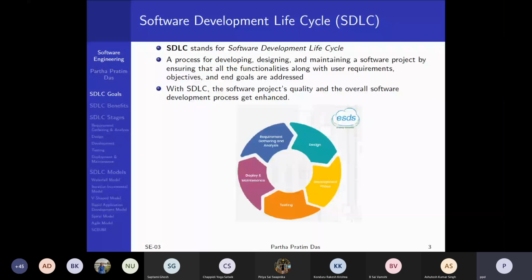If you recall my very early discussion in module 1 about why software is a development process, it's not a construction process.